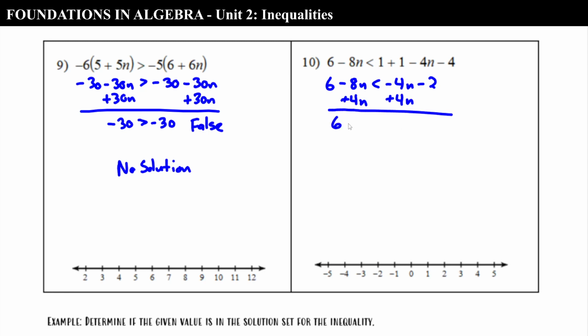So we get 6 minus 4n is less than negative 2. Subtract the 6 from each side, and we get negative 4n is less than negative 8. Divide by negative 4. Remember, you have to flip the sign because we divided by a negative, and we get n is greater than 2. So we're going to do an open dot at 2, and since we are greater than, we are going to shade to the right.